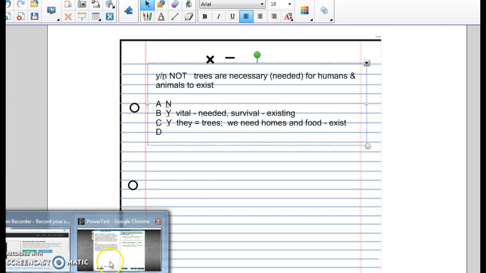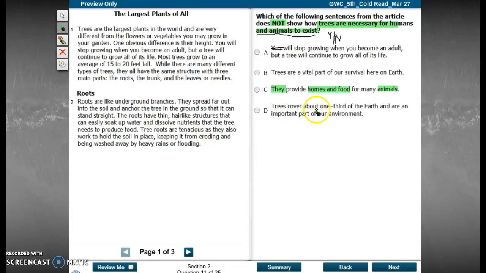All right, D. Trees cover about 1/3 of the earth and are an important part of our environment. Does that show that trees are necessary for humans and animals to exist? Well, it says it's important. That means it's necessary, important part of our environment. Without our environment, boys and girls, we would not exist. We would not be able to live.